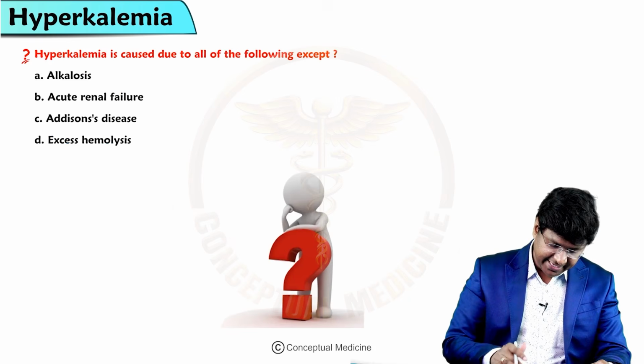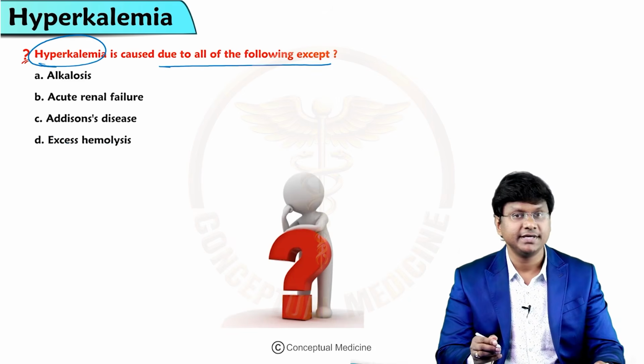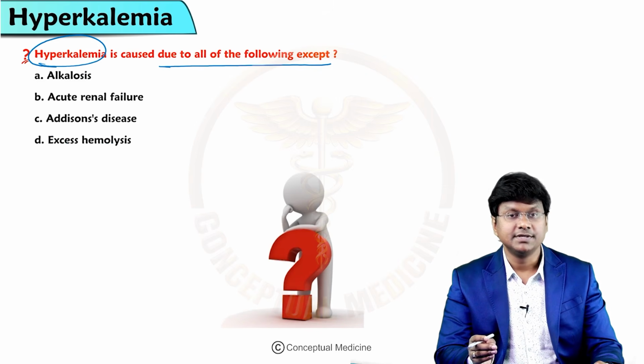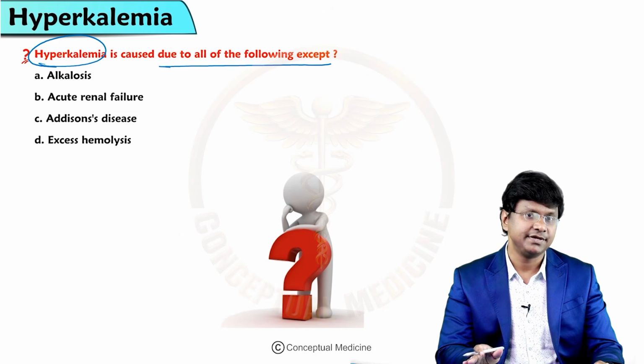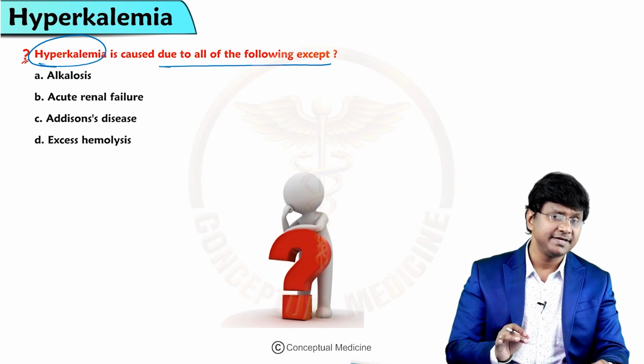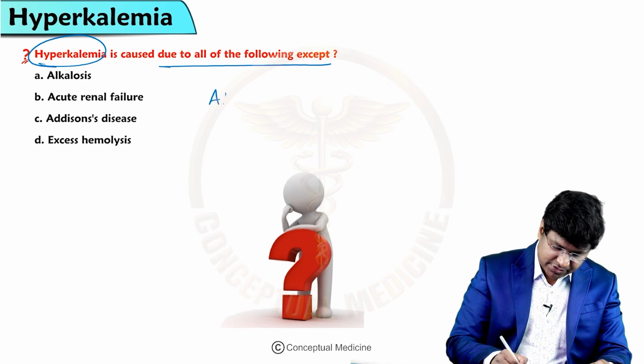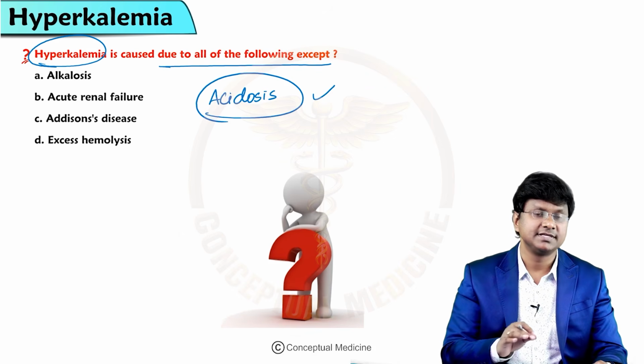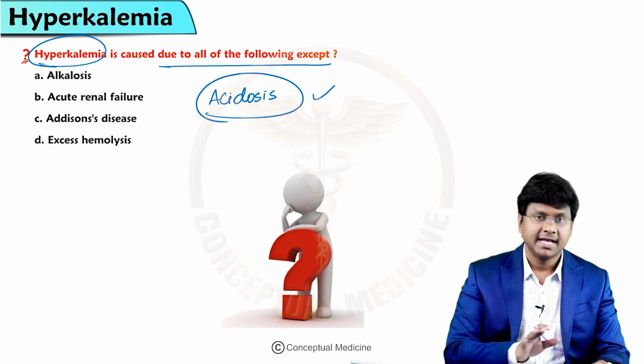Next, hyperkalemia is caused due to all of the following except alkalosis, acute renal failure, Addison's disease, excessive hemolysis. Let me tell you, it is acidosis that will cause hyperkalemia.